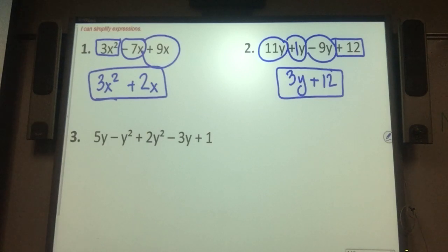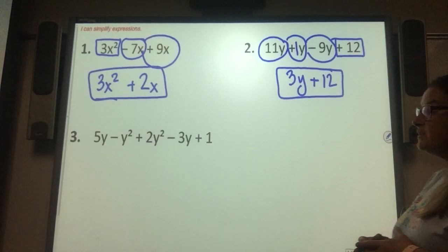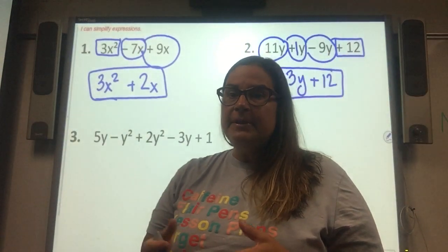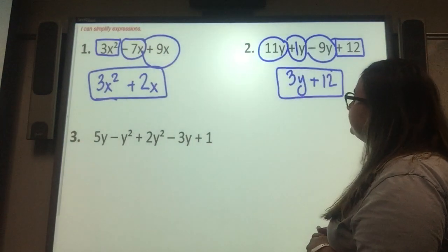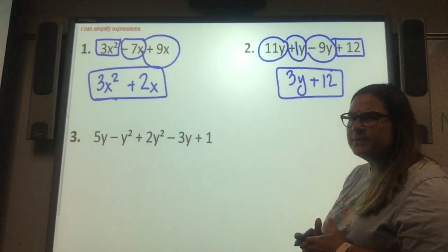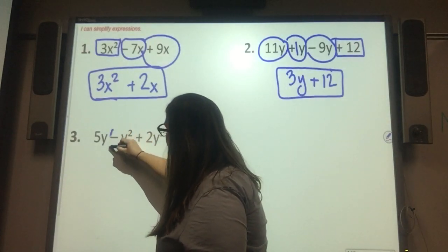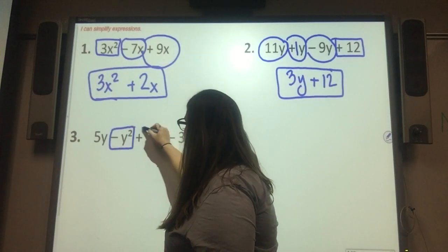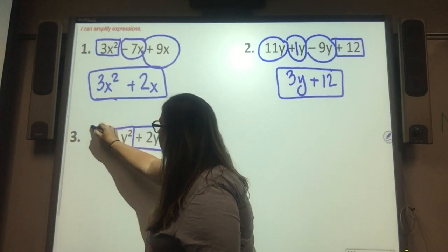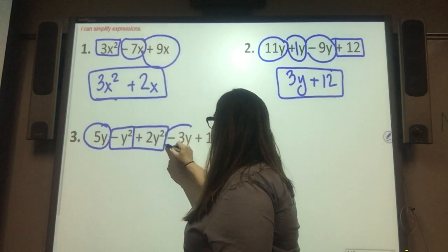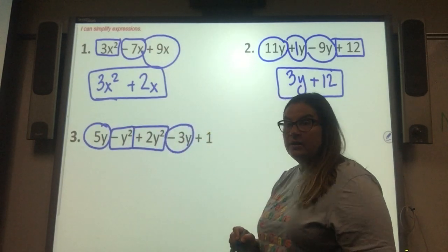All right, so let's see how you did. When you look at this one, we see a lot of y's, but some of the y's have squares and some don't. So my squared ones are going to be grouped together, and my non-squared ones are going to be grouped together.